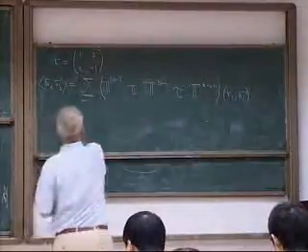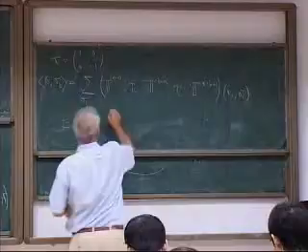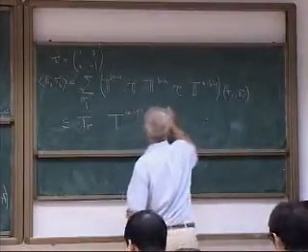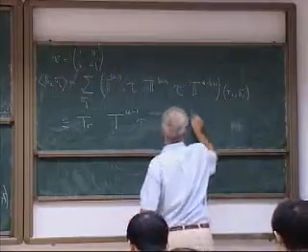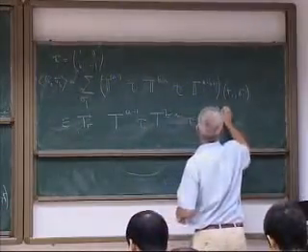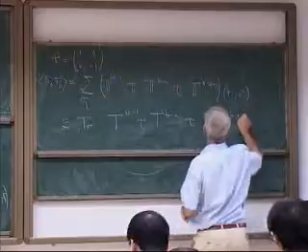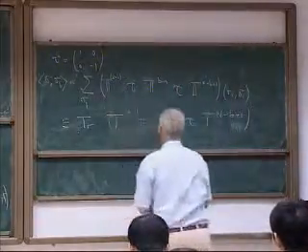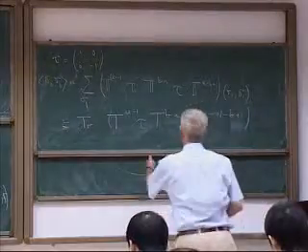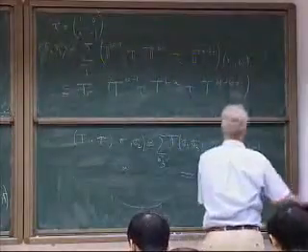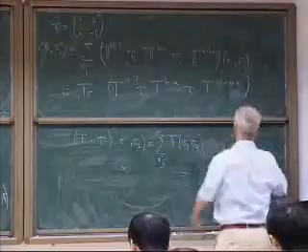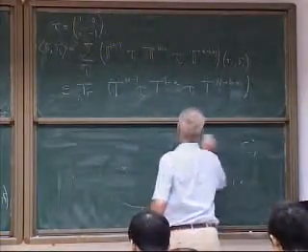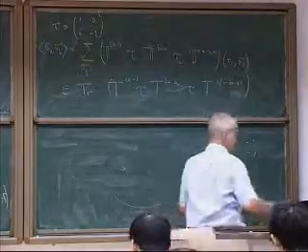And this is nothing but the trace of T to the A minus 1, tau, T to the B minus A, tau, T to the N minus B plus 1. And because the trace is cyclically invariant, I end up with a simple formula.